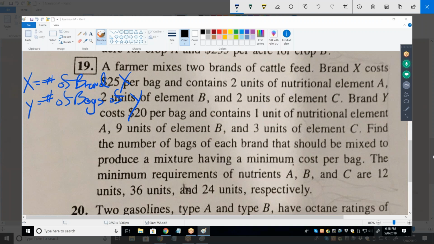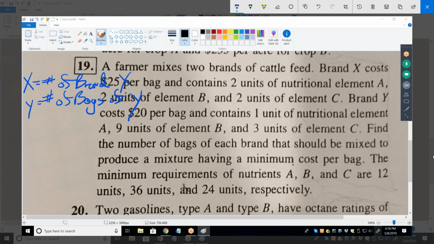Even though they give us an A, B, and a C, that's going to involve more constraining equations.